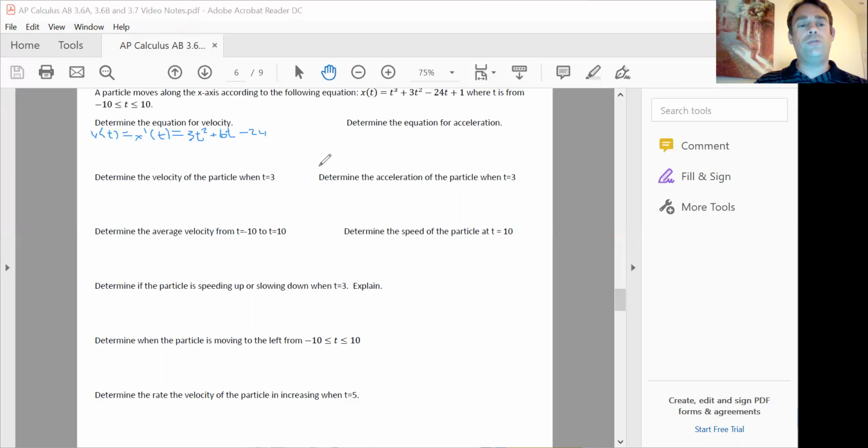The equation for acceleration, that is a of t, is the derivative of v of t and the second derivative of position. Just like we've dealt with before, nothing has changed here. So we have 6t plus 6.